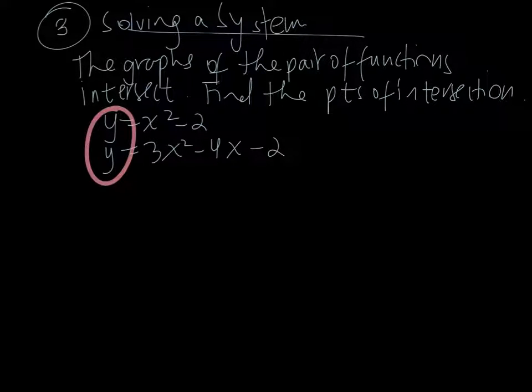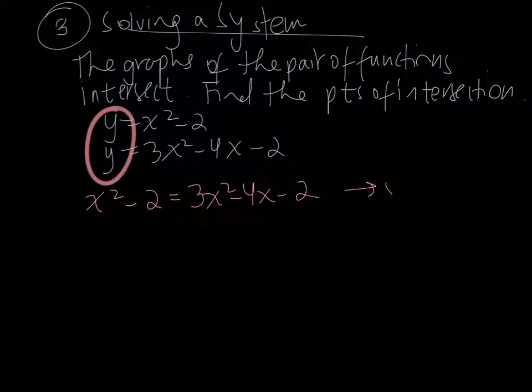They're both equal to y, so I can set them equal to each other. So I have x squared minus 2 equals 3x squared minus 4x minus 2. And that is setting them equal to each other. However, at this point, it now becomes a quadratic equation.